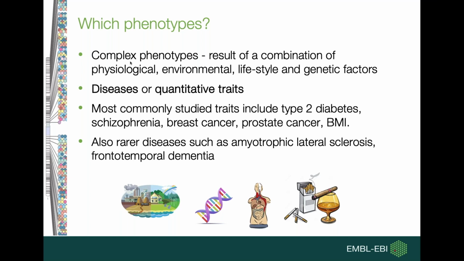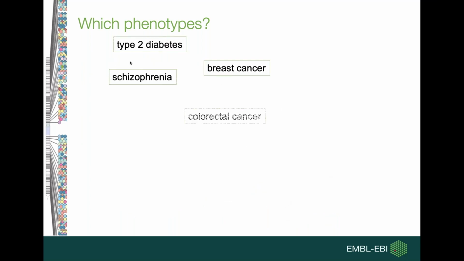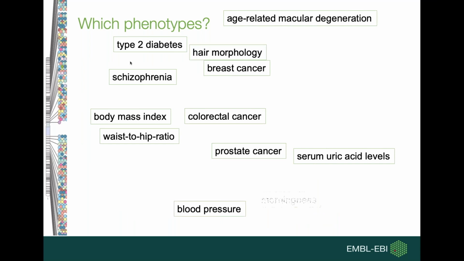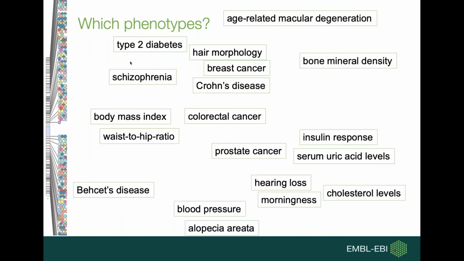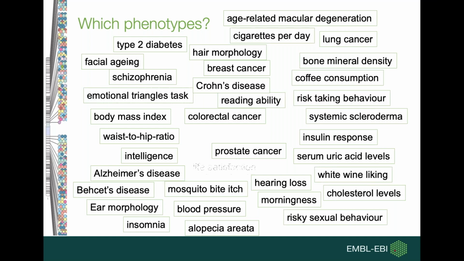Often common diseases such as type 2 diabetes, but also rarer diseases such as ALS, frontotemporal dementia, or increasingly we're seeing GWAS of endophenotypes such as biomarker levels, which are then broadly applicable to a number of biological investigations or disease research. In fact, there are a huge range of traits in the GWAS Catalog. At the last count, there were over 2,500 different ones, from very specific biomarker levels right down to political preference.